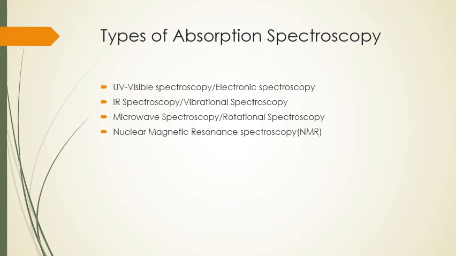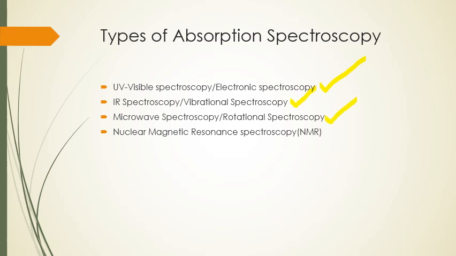The one is UV visible spectroscopy, which is also called electronic spectroscopy. Another one is IR spectroscopy, which is also called vibrational spectroscopy. The third one is microwave spectroscopy, which is also called rotational spectroscopy.